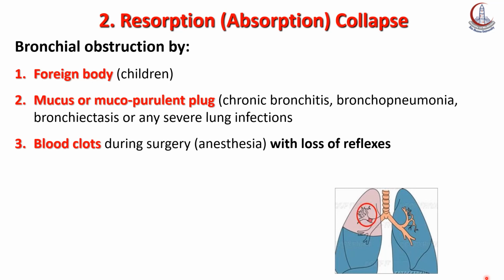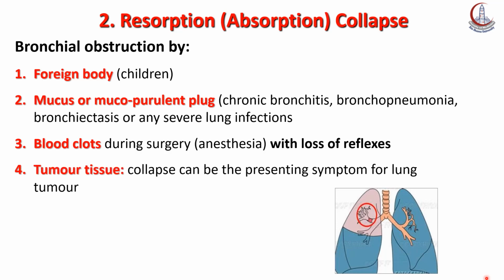It can occur in aspiration of blood clots during surgery with loss of cough reflexes. It can also occur if a tumor or mass occurs in the main bronchus, leading to obstruction. So these are causes of obstruction that can occur in the main bronchus leading to absorption collapse or resorption collapse.